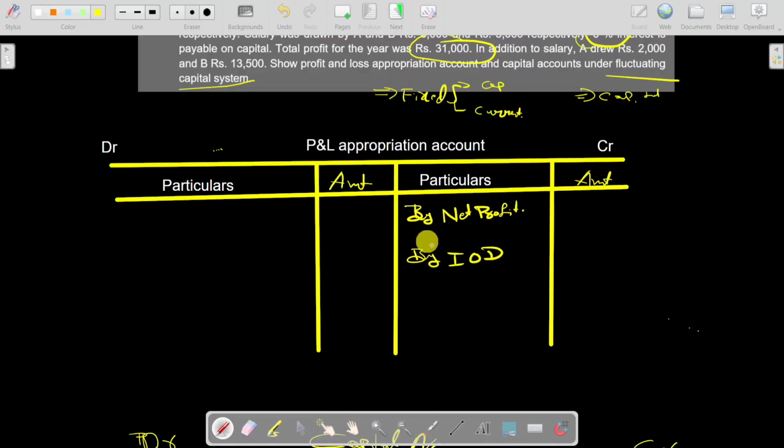Only these two items will come under the credit side, and in the debit side, to interest on capital, to salary or bonus or commission, to reserves if there are any. That's all.